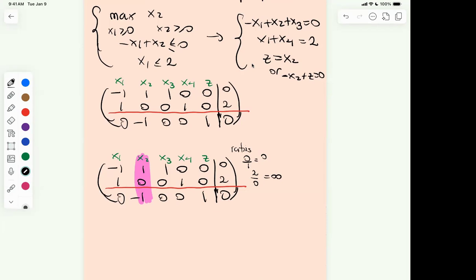So here, it does look odd, because we have a similar problem to what we had before. You are trying to find the smallest positive ratio, but there doesn't seem to be anything to choose from, right? So here's the first issue right here.